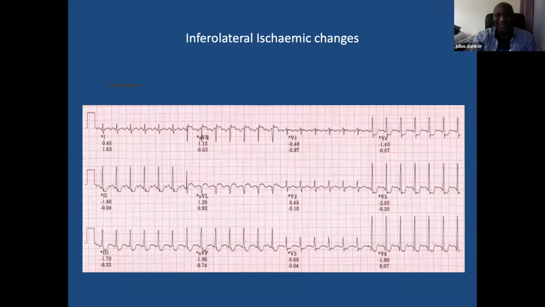Excellent. Right. So this is an infralateral ischemia. Ischemia, obviously, ST depression. You can see there, you put somebody on an exercise treadmill, this is what you get, ST depression. Ischemia as opposed to infarction. Ischemia is a reduced flow of blood. Infarction, there's a blockage.